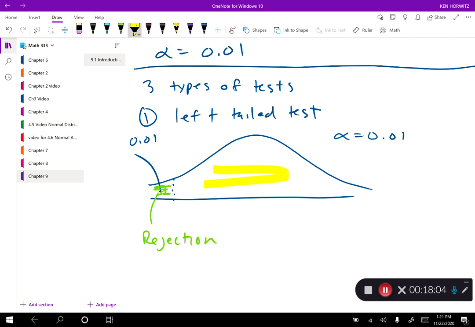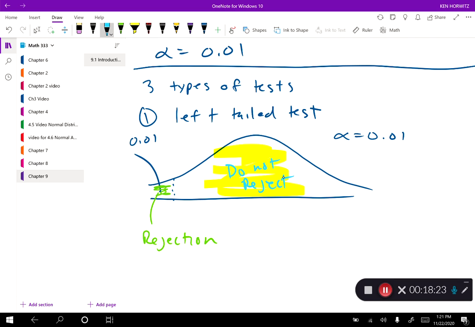And over here would be the do not reject region, based on the z-score that we figure out.